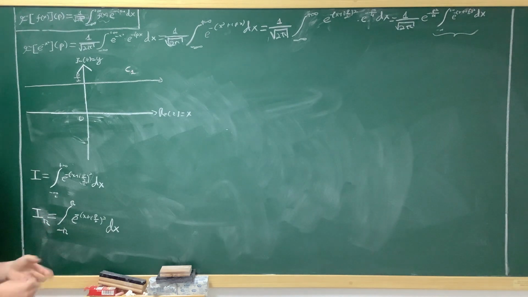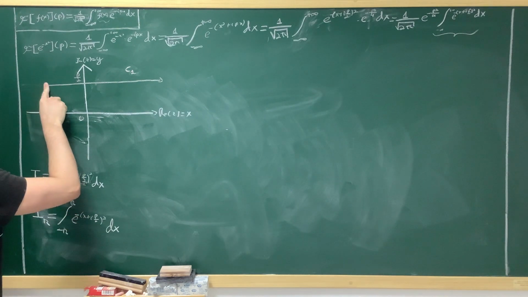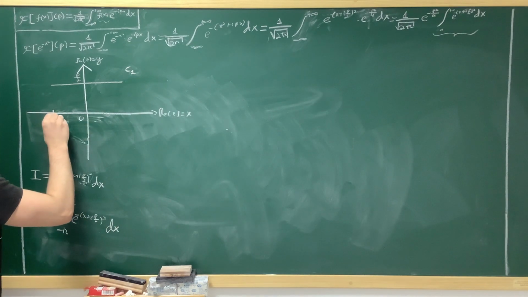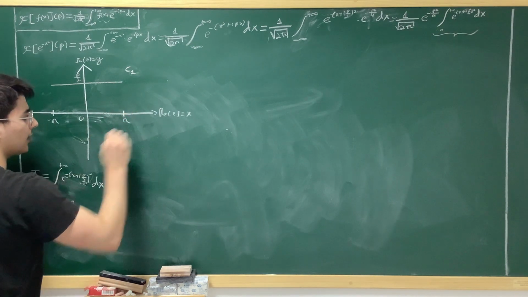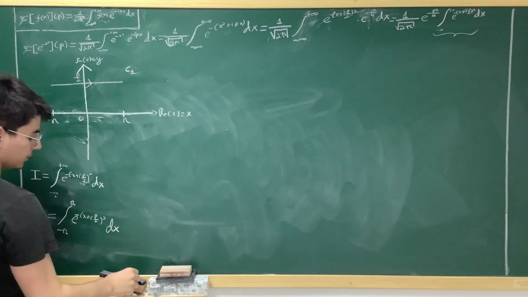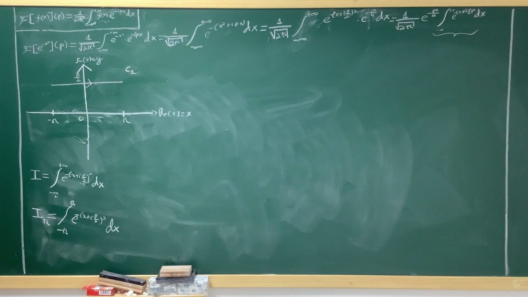So here, our new curve C1 is no longer going from minus infinity to positive infinity, but rather from negative R to positive R. This is the curve we're integrating along.